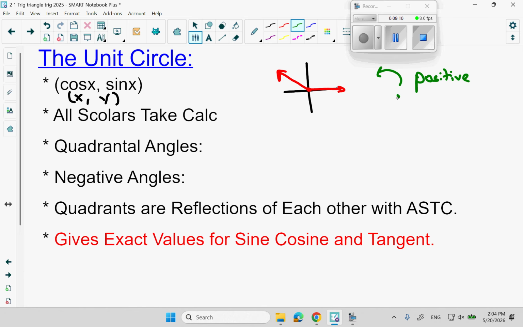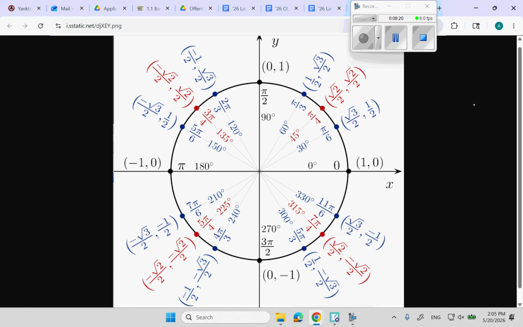If I am going clockwise, I have a negative angle. So if I start at 0 and I go up to here and I form a line right here, I'd have a positive 30 degrees. And if I kept going all the way to here, I have 330 degrees, because a full circle will be 360 degrees.